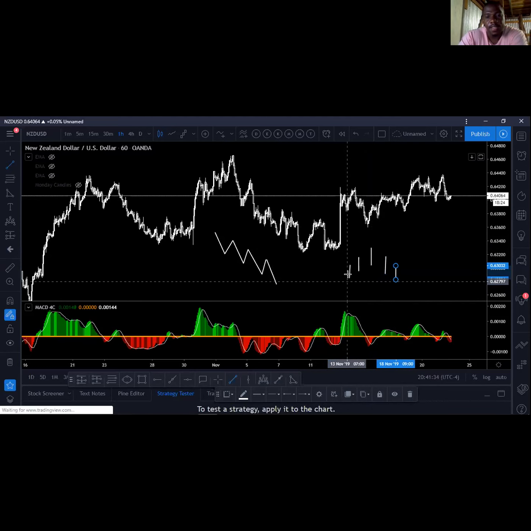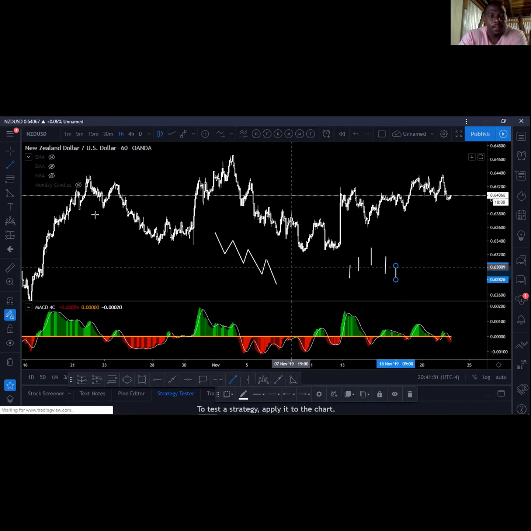The candles on the left-hand side may be green because we were in an uptrend here, and then these candles might be red, and this candle might just have a long wick. This candle in the middle would give you your swing point.